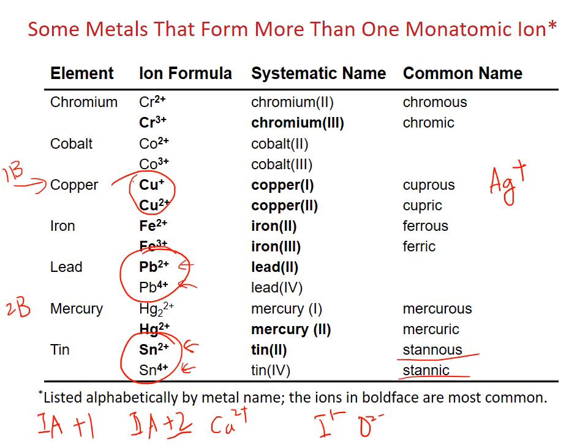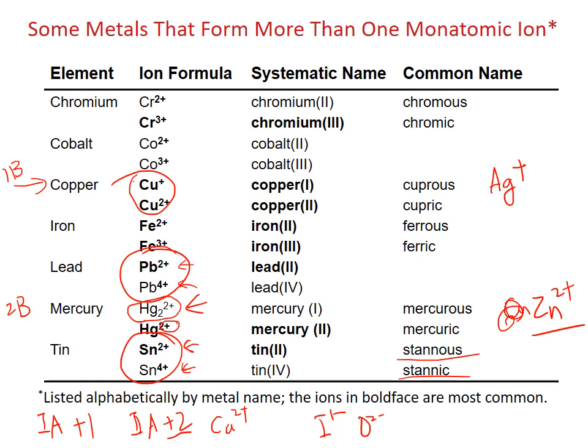So in 2B, there's also one that has a fixed charge, that's zinc. Zinc usually forms 2 plus. Remember that. In 2B, zinc is a transition metal that has a fixed charge. But mercury, on the other hand, can be 2 plus, can be 1 plus, but always combines with another together. You should write mercury 2, 2 plus. That's 2B.